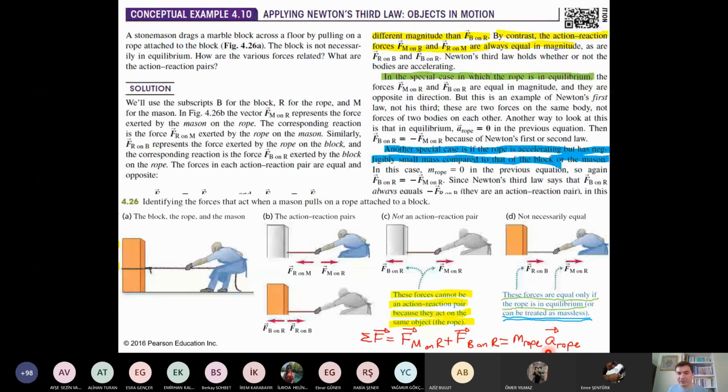Then again, these two forces can be equal to each other. But this is only valid for special cases, okay? If the mass of the rope is 0, or if the rope is in equilibrium, you can consider that these two forces are equal to each other. Do you have any question here?